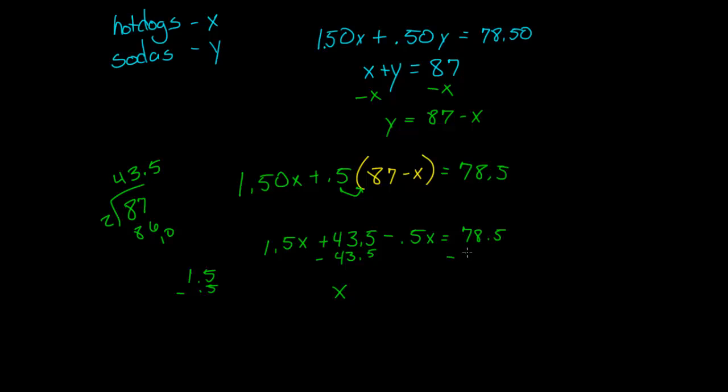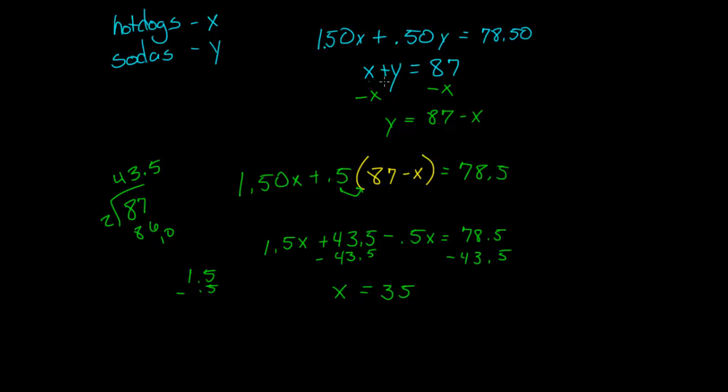We're going to subtract 43.5 from both sides. X equals, do our math over here, 7 minus 4 gives you a 3, 8 minus 3, 5. There you have it. We've got our x. X is equal to 35. Now we can take that and substitute it back in.